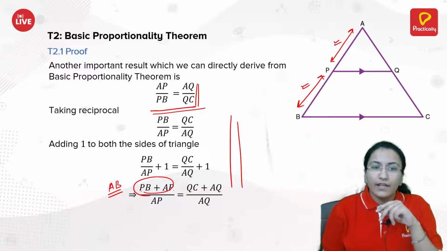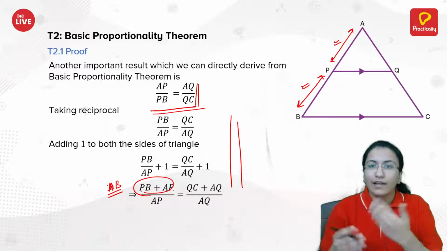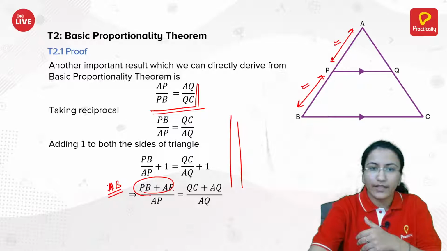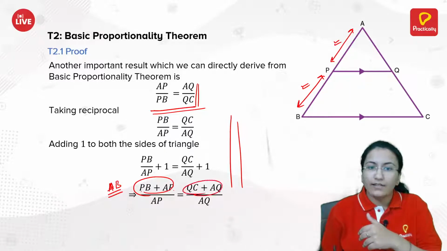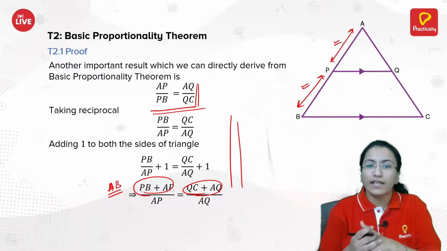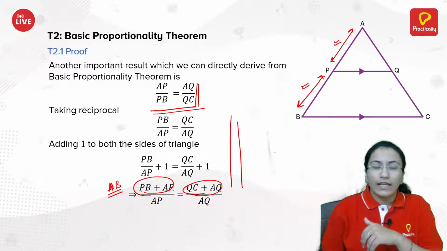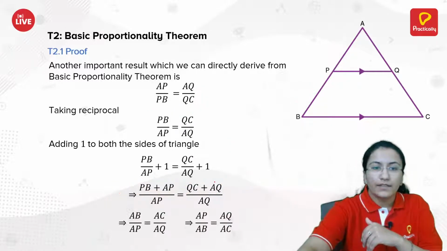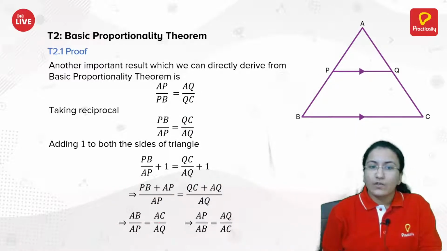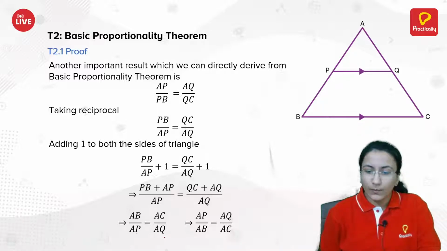So after adding 1, I'm recreating another formula. Similarly on the RHS, in the numerator you can write QC plus AQ as AC. So you will have the result as AB by AP is equal to AC by AQ, right?